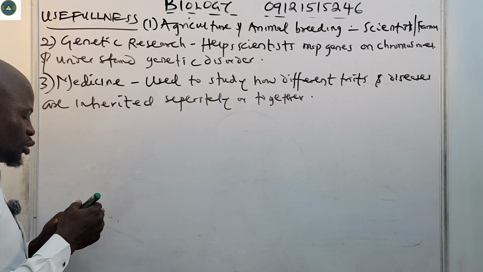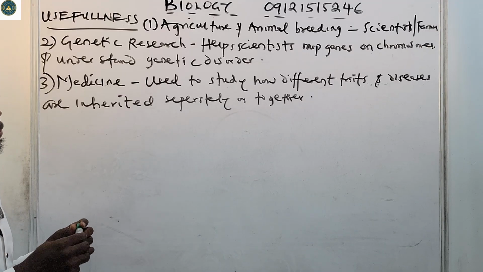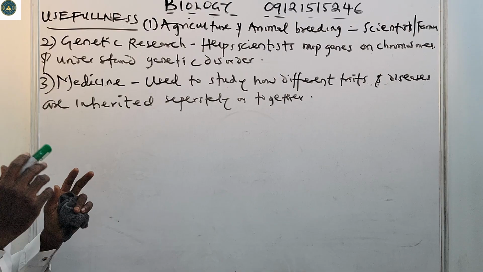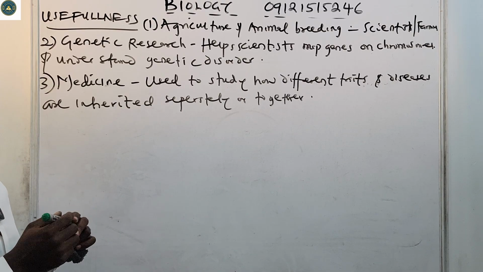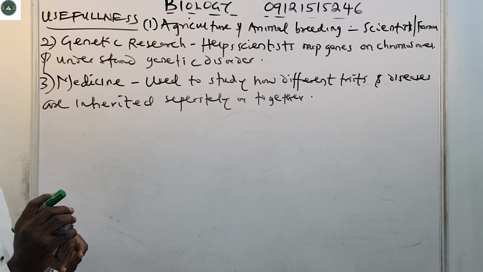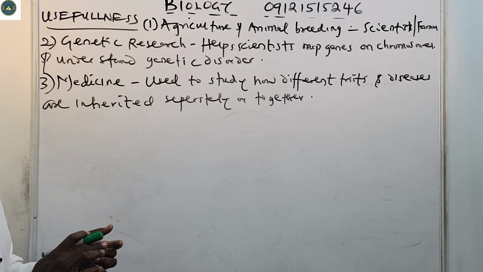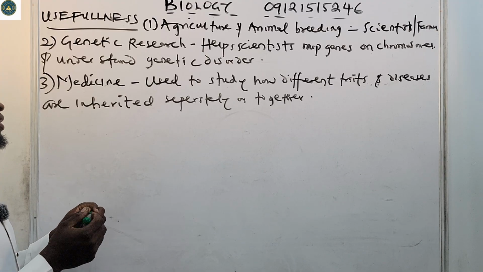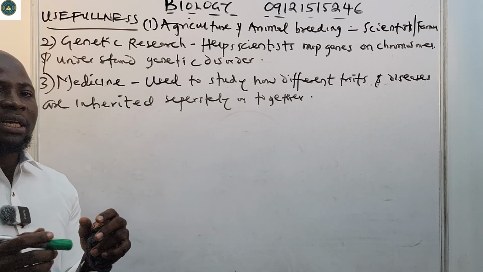So it's also very useful in medicine, just to study how different traits and diseases are inherited either separately or together. So in the medical field also, the law of independent assortment is very, very useful.